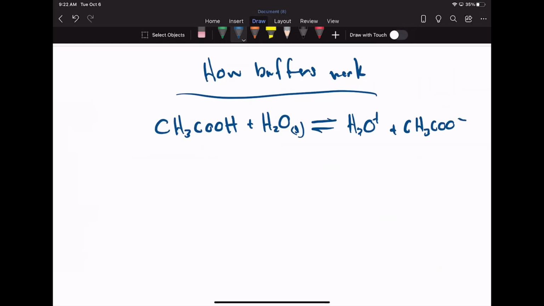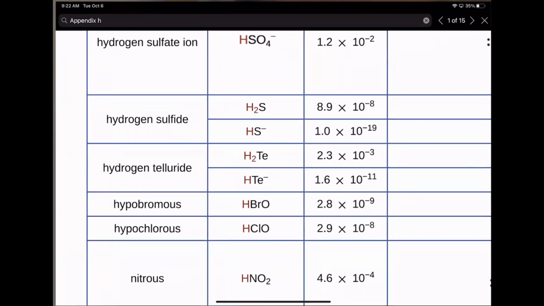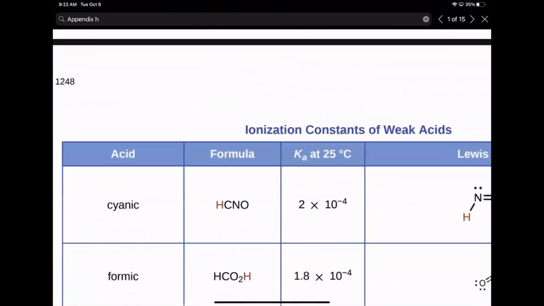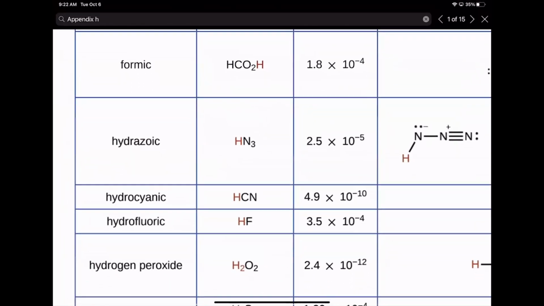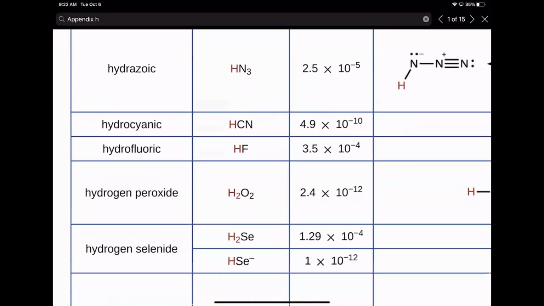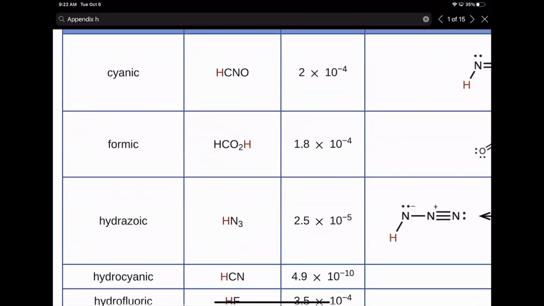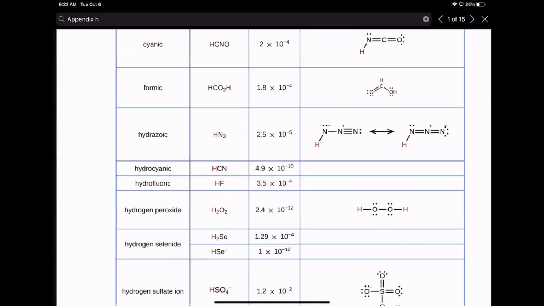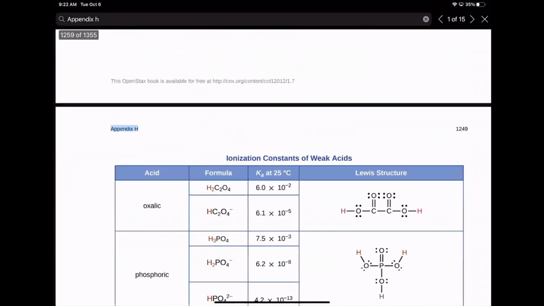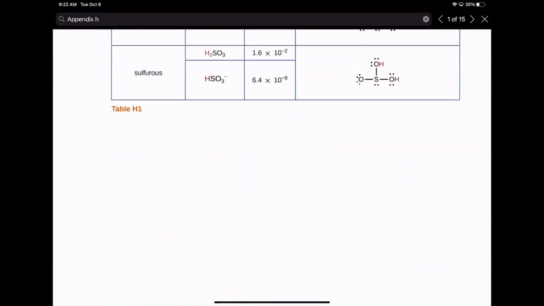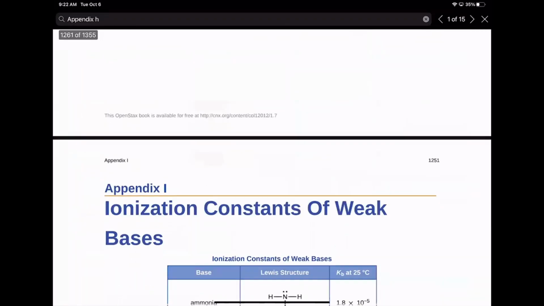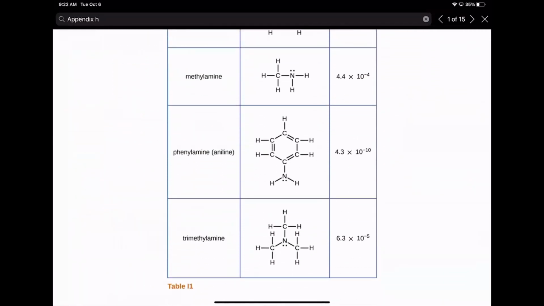And if we were to look these up, the difference between acetic acid... let's see, is acetic acid even in here? Organic acid, formic acid, ammonia.